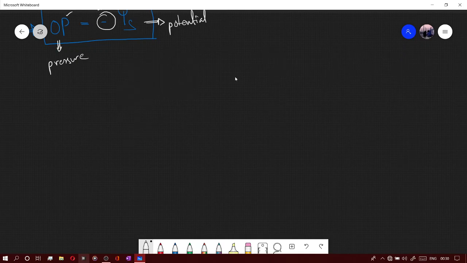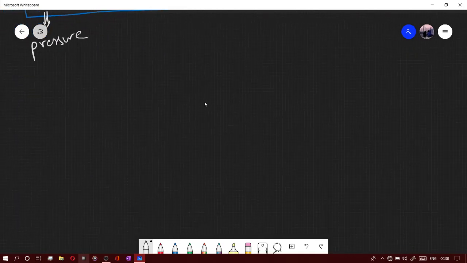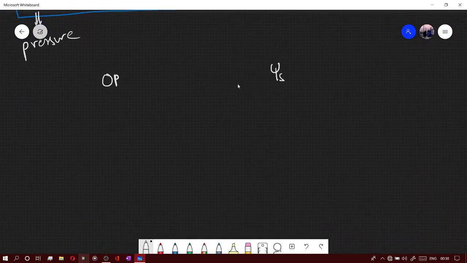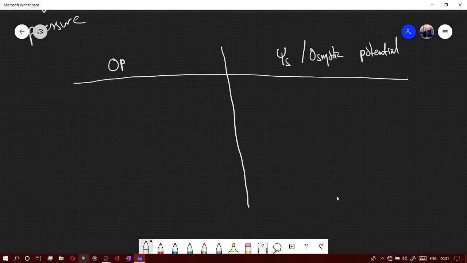So, osmotic pressure and solute potential, which is also called osmotic potential. If it is too confusing, please leave this part; else you can go through it.